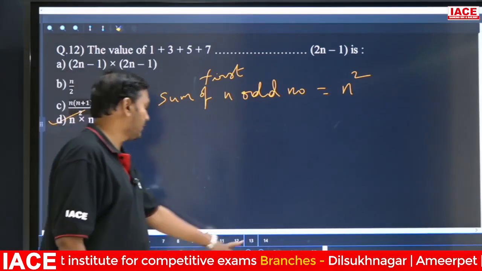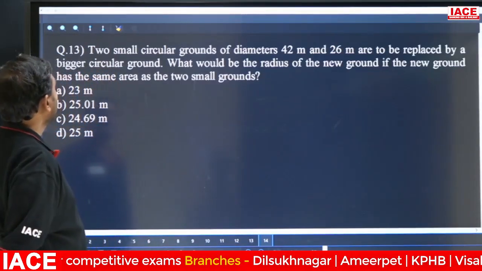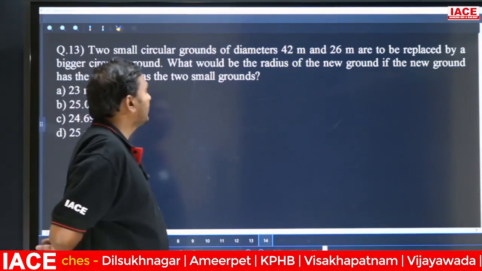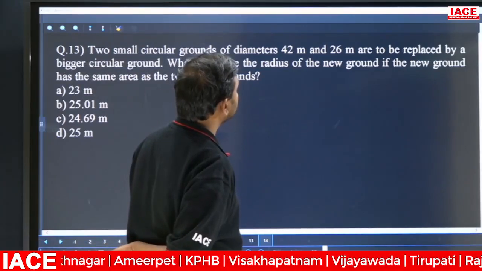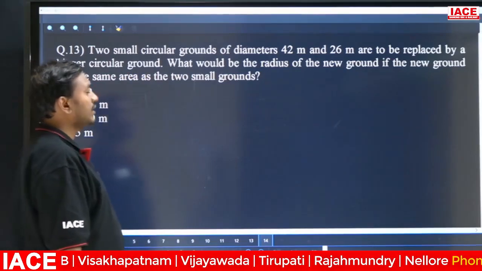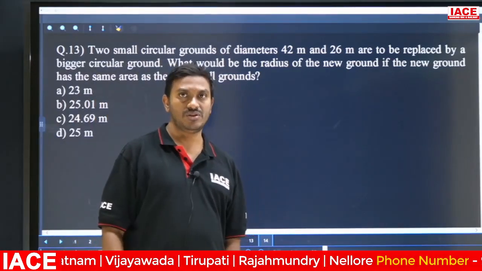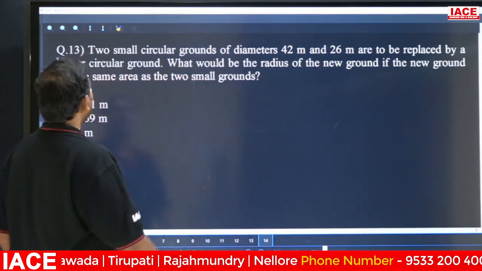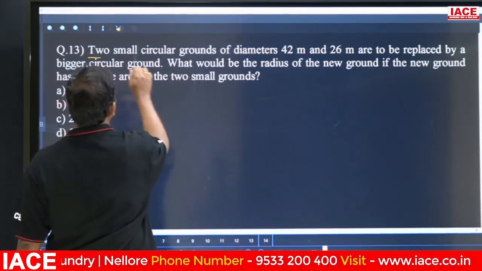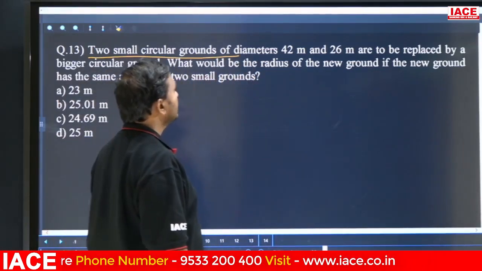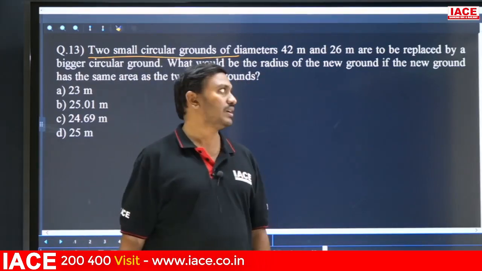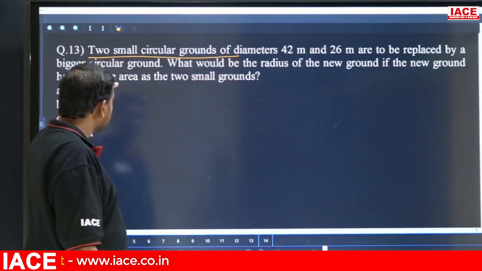Then next one. Next question, see, two small circular grounds of diameter 42 meters and 26 meters are to be replaced by a bigger circular ground. So this is a geometry question, a mensuration question. What is it telling? Two smaller circular grounds of diameters 42 and 26 are replaced by a bigger circular ground.